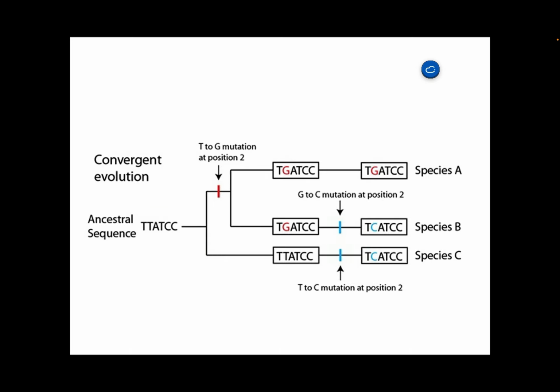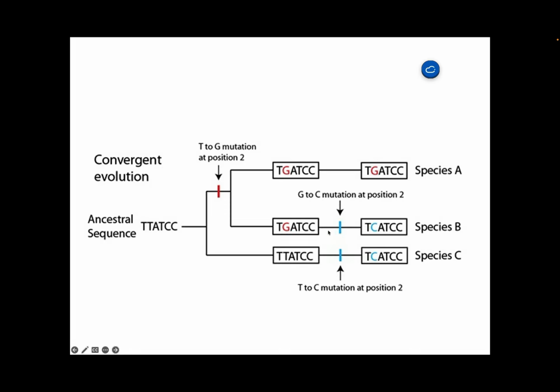Oh yeah, and convergent evolution can also happen when we are looking at molecular traits. So maybe we're not looking at morphological traits to classify species. Maybe we just want to look at DNA sequence similarity. Convergent evolution can happen here too. So imagine that in this phylogeny, species A and B are sister taxa. This represents the true evolutionary relationships among these three species. But you can imagine a case in which these blue hatches represent convergent evolution.